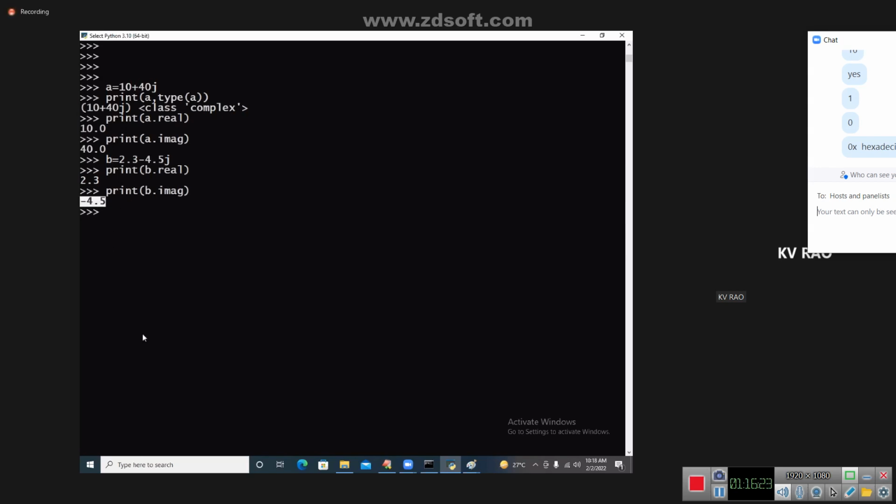You can take one more representation: 2 plus 4.5j. Then B dot real gives 2.0, and B dot imag gives 4.5.